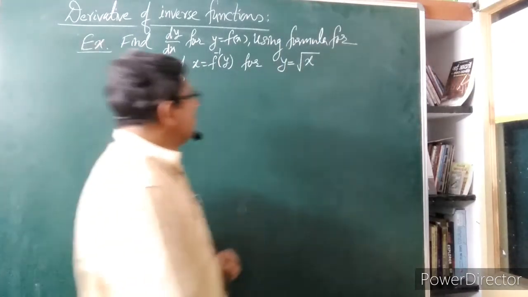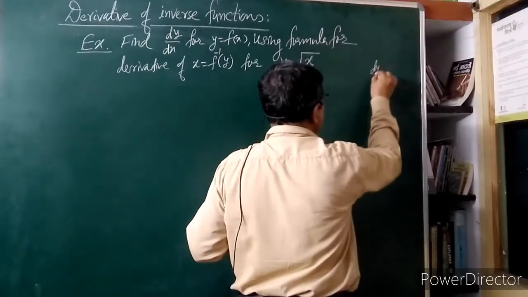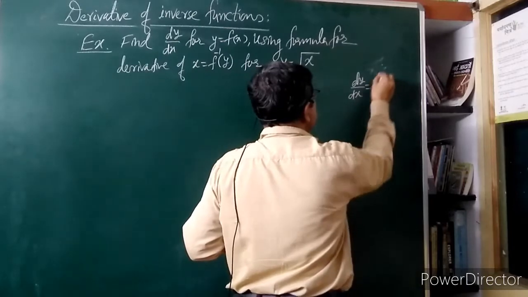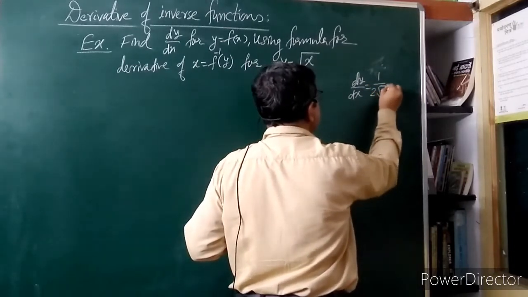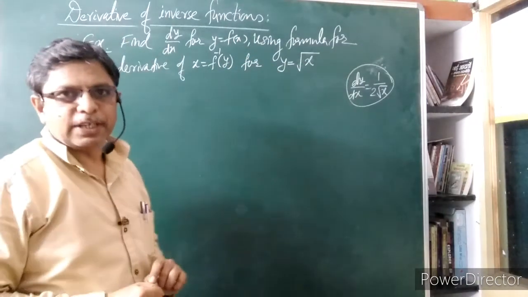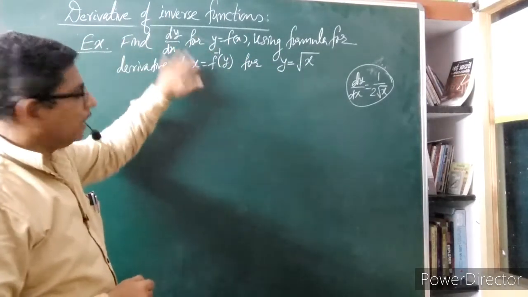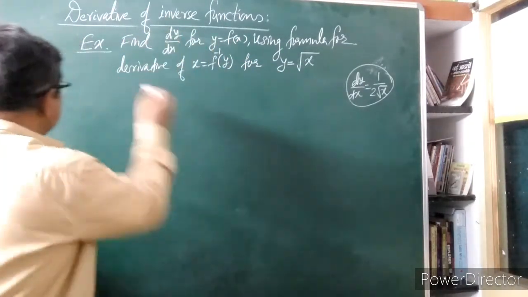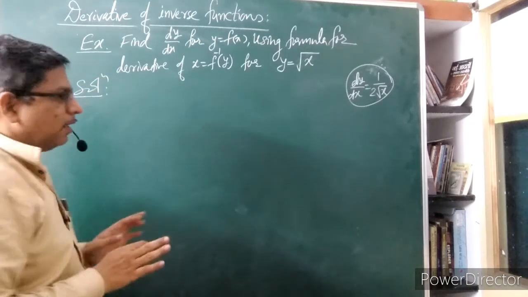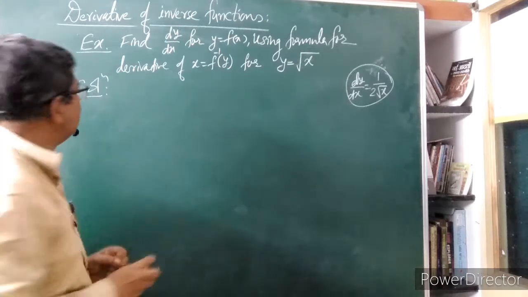So simply we know that the derivative of y is equal to root x is dy by dx is equal to 1 upon 2 root x. But now we can find the same answer using the formula for derivative of inverse function. So see how we are getting this. So this is the example for illustration.